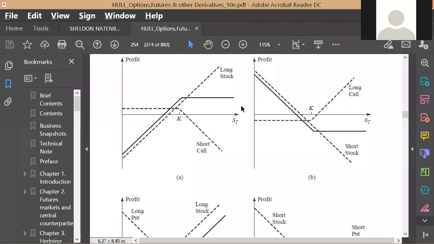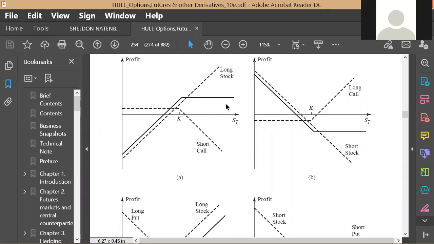As you draw them or look at these, you should remember that. And as I've told you before, the only kind of instrument which has asymmetric profit profiles, as you can see here, is this one, because the look of the graph is not the same on either side of the zero line. Here it looks like a straight 45-degree line, whereas here there is a kink in the curve. So that's why these are not symmetric on either side. That's why they're called asymmetric.